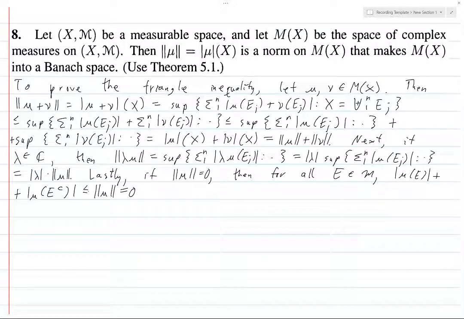So yeah, this is true, and so the absolute value of mu of E is equal to 0, which means that mu of E is equal to 0. So for all sets E in our sigma algebra, the measure of the set is 0. So mu is the 0 measure.